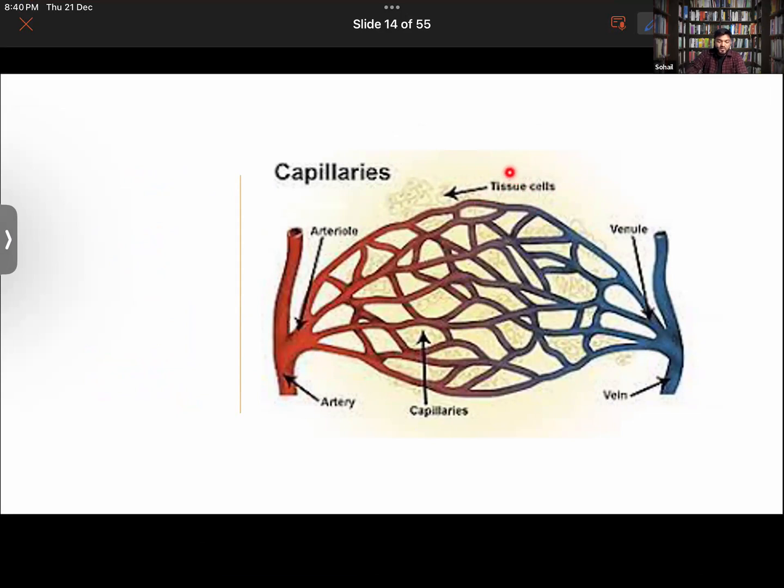The waste will go into the venules, so these venules are basically carrying the waste materials taken from the tissue to the vein. As Chakrika was saying, a term like branching: an artery branches into arterioles, while the venules join together to form a vein. I hope that is clear to everyone.